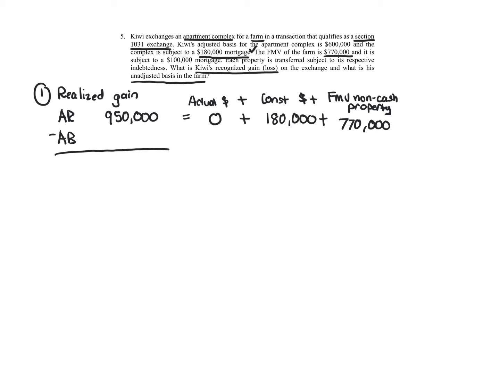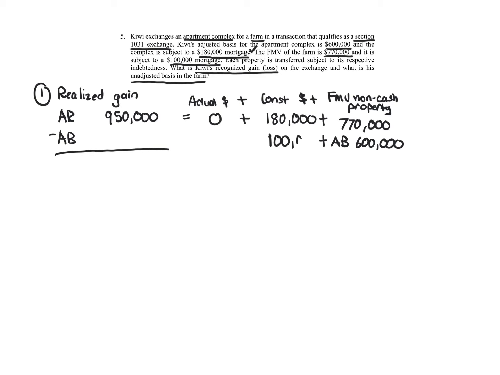All right? It's the adjusted basis of all the property given up. So we start with the adjusted basis of the building given up, which is $600,000, right? The apartment complex, plus the liability taken on. So Kiwi's taking on a $100,000 mortgage on the farm.